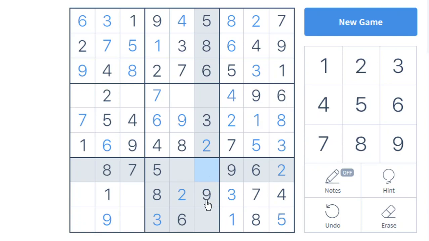It cannot be 7. This cannot be 1. This could be 4 or 7. This cannot be 7 because 7's in this row. This cannot be 4. And our 3 possibilities are 1, 4, and 7. Since 7 is already in the row, 4 is already in the row, this is going to be 1.